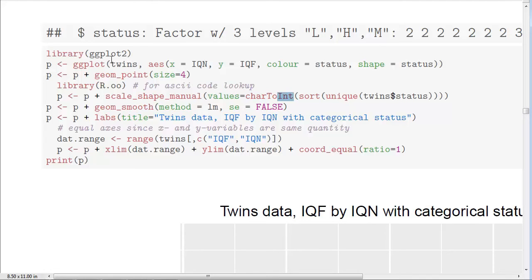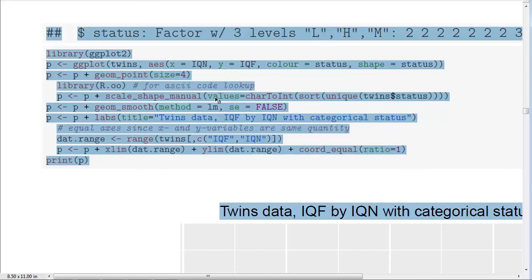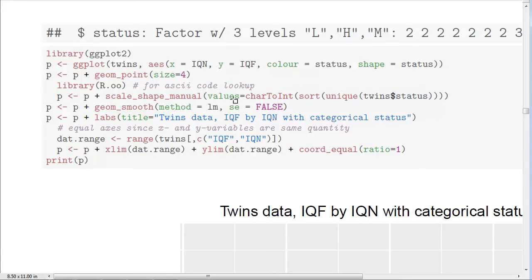And so this function, or this package rather, R.oo, allows us to convert a character, so the letters L, H, and M for low, high, and medium, to the appropriate integer, which are going to be the plotting values.